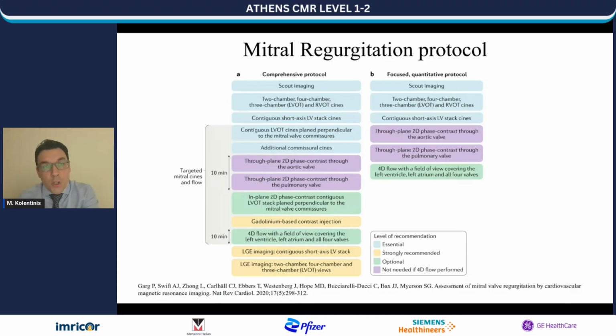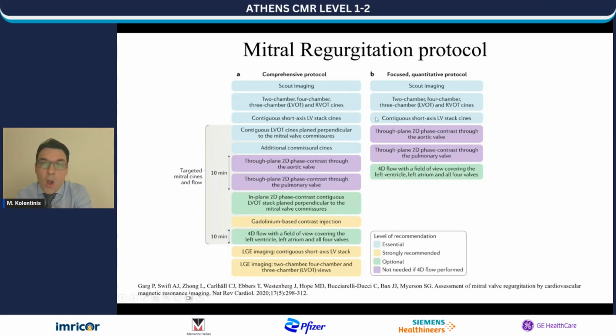The comprehensive protocol that we use for mitral regurgitation lasts about 40 minutes, and it also encompasses most of the most important parameters, such as late gadolinium enhancement, 2D contrast of the aortic and the pulmonary valve, and also cine images.